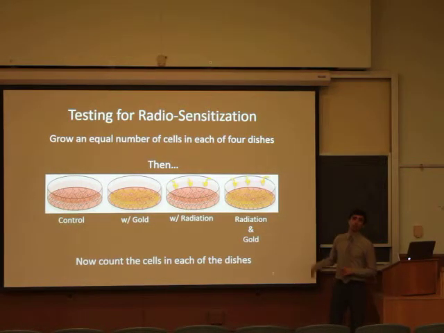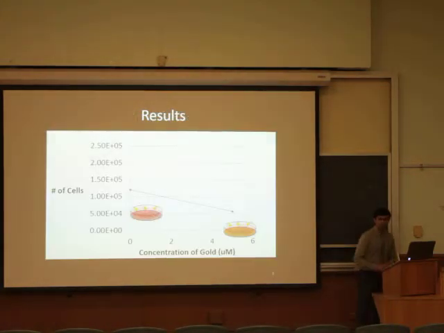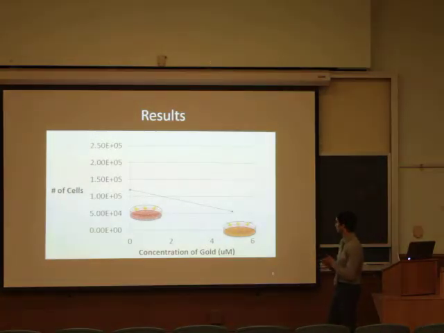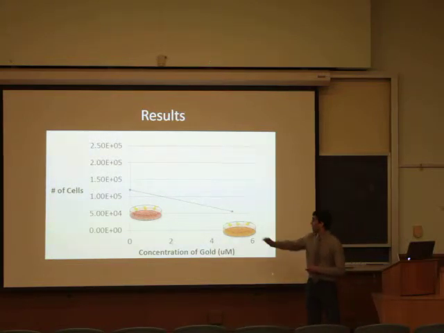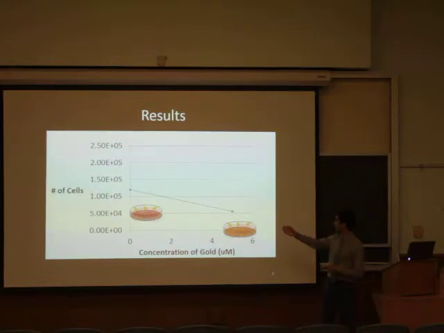After we let them sit like this for a while, we counted the cells that were left over. And we plotted our data. On the y-axis, we plotted the number of cells, and on the x, the concentration of the gold. On the left, the dish is the one that was irradiated, and on the right is the one that was irradiated and exposed to gold nanoparticles.